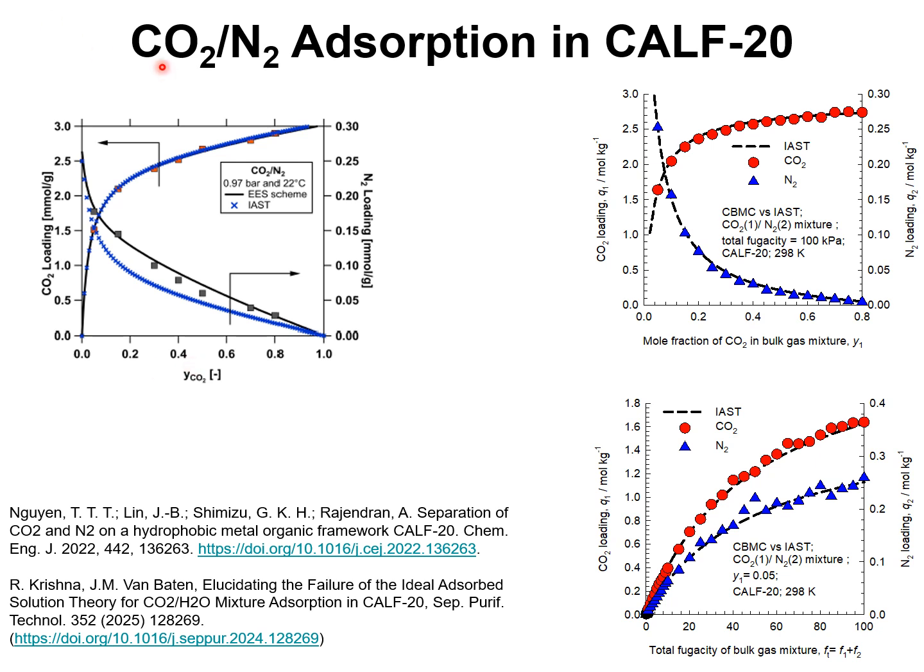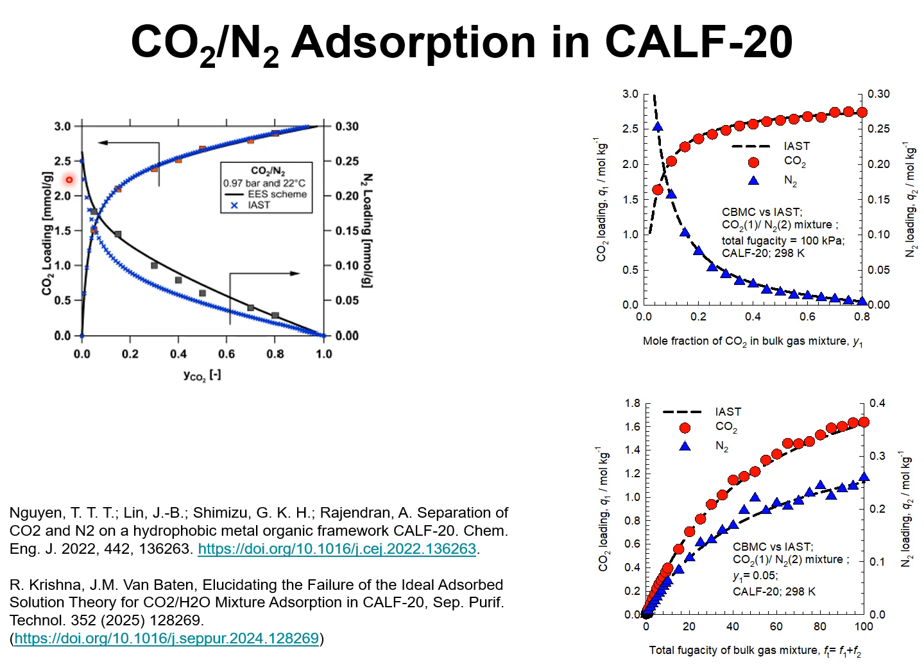Let's turn our attention to the adsorption of mixtures of carbon dioxide and nitrogen in CAF 20. The experimental data of Nguyen and Rajendran, published in Chemical Engineering Journal in 2022, are shown here.